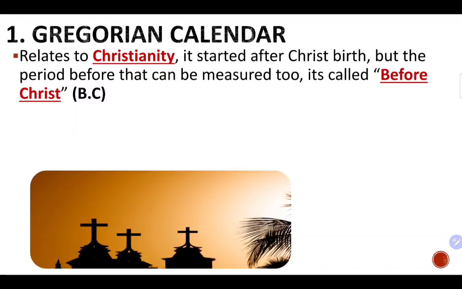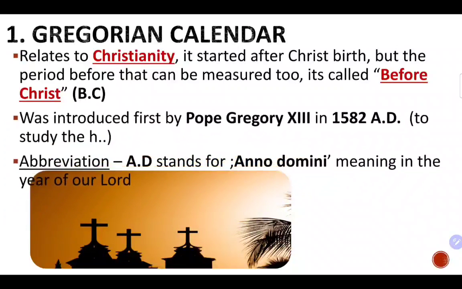In this picture, these are the symbols of Christianity, the cross, and these are the churches where Christians worship. This Gregorian calendar was first introduced by Pope Gregory XIII in 1582 AD.